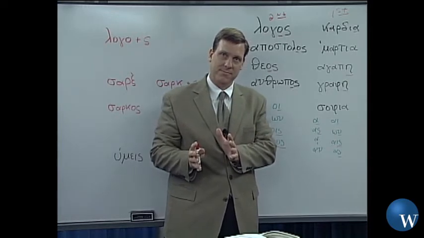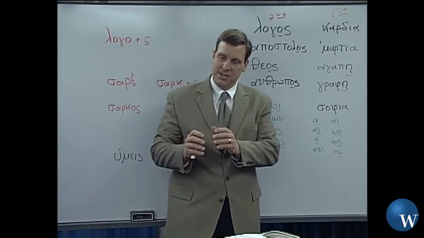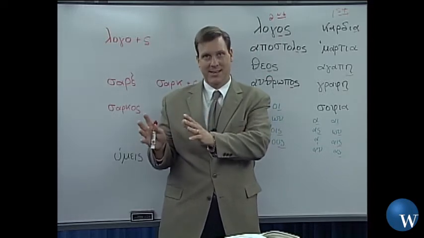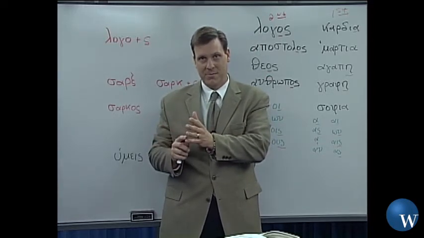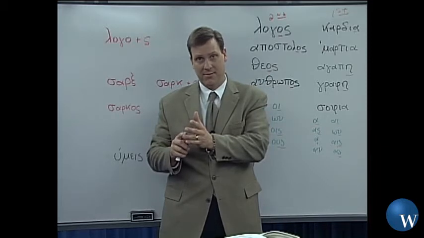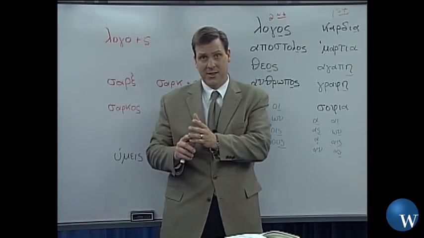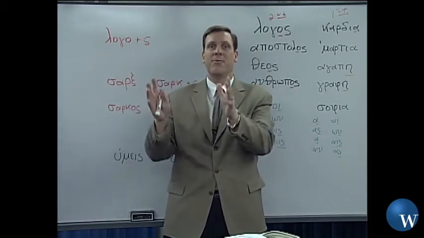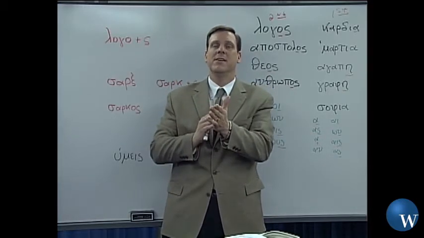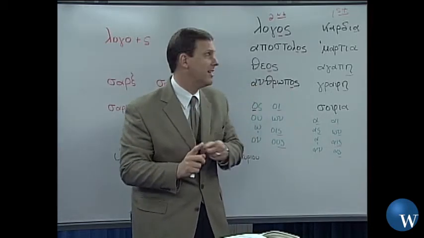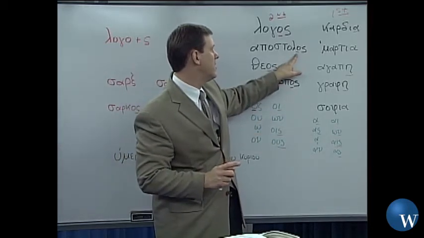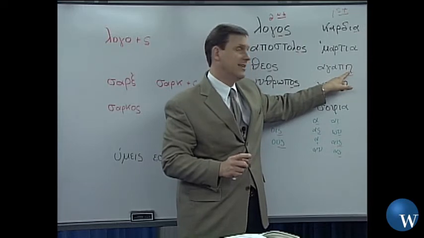Well, if you were then to look at the rest of the nouns in the Greek language, you would see that there are a variety of noun endings as far as the stem endings go and the letters at the end. The third declension takes care of all the rest of the nouns whose stem ends in something other than an omicron or an alpha or an eta.